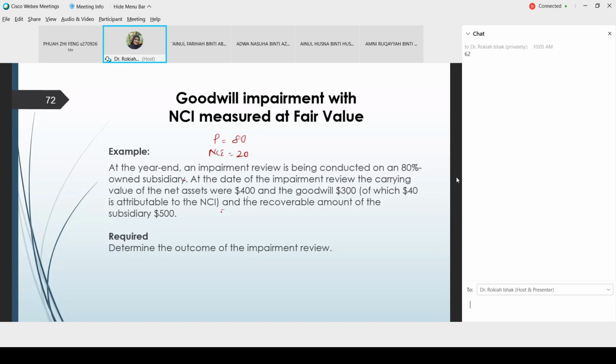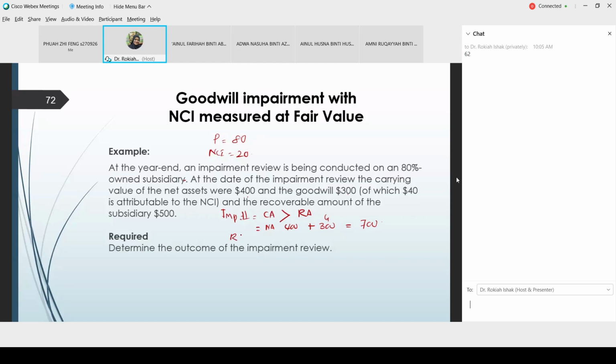So to find the impairment loss, we need to compare the CA and the recoverable amount. We're going to have an impairment loss when the CA is more than the recoverable amount. The CA here, you just total up your net assets. So your net assets here is 400 plus the amount of goodwill 300, so altogether you have 700.